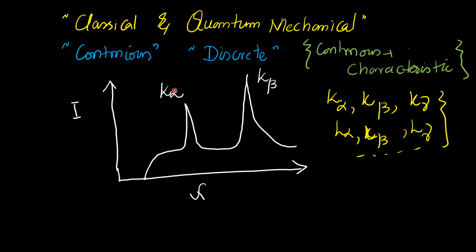So the K alpha and K beta X-rays have quantized energies. If we wanted to explain X-rays classically, then the graph between wavelength and intensity must be continuous like this.